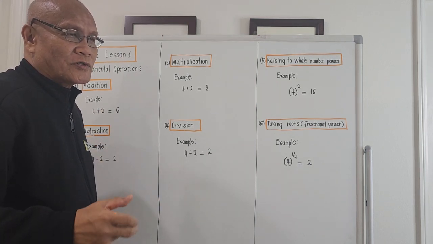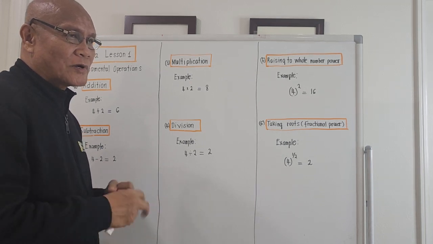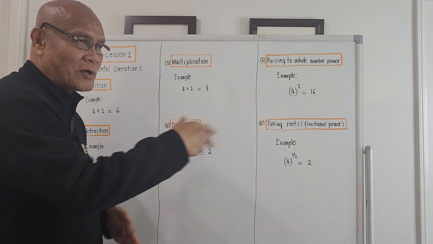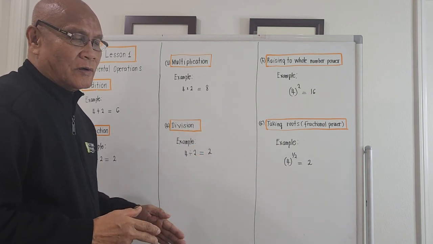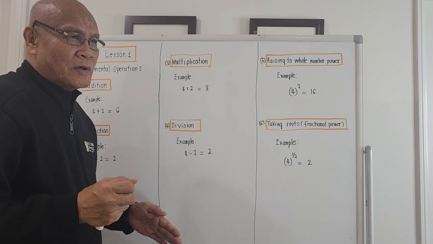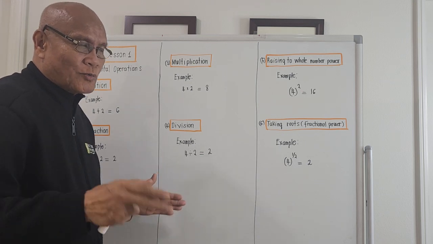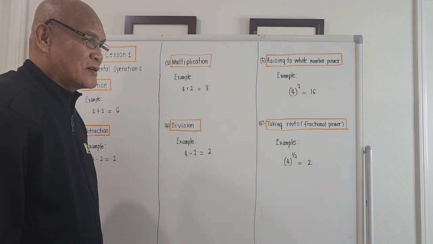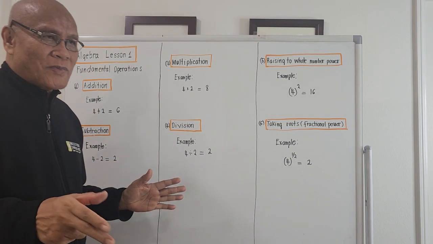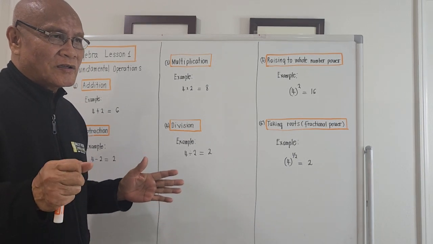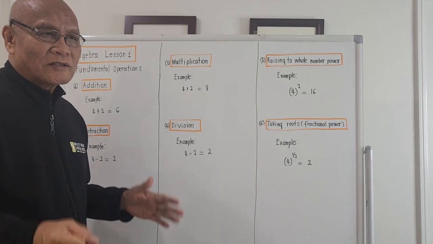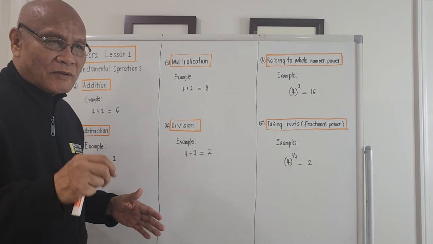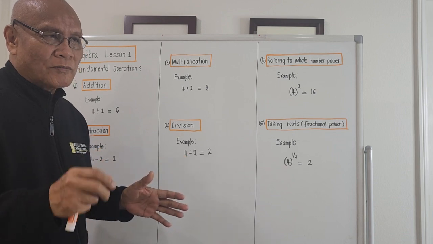Fundamental operations, that is how to add, subtract, multiply, divide, take the root or raise an exponent to a fractional value. But before we proceed with algebra, what is algebra? Algebra is just a branch of mathematics that uses letters to designate numbers and equations or formulas.